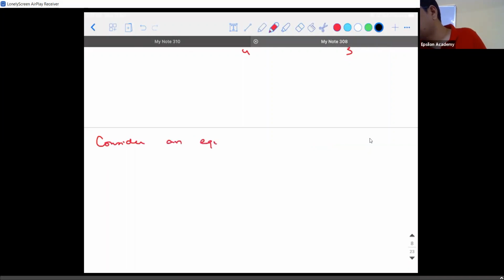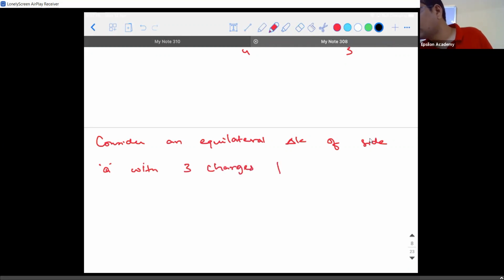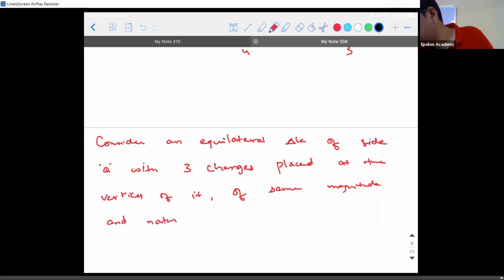Consider an equilateral triangle of side a with 3 charges placed at the vertices of it, of the same magnitude and nature. So now, how many particle system is this? A 3 particle system.